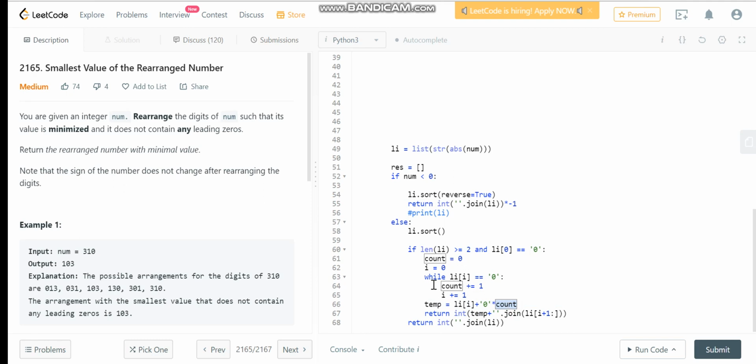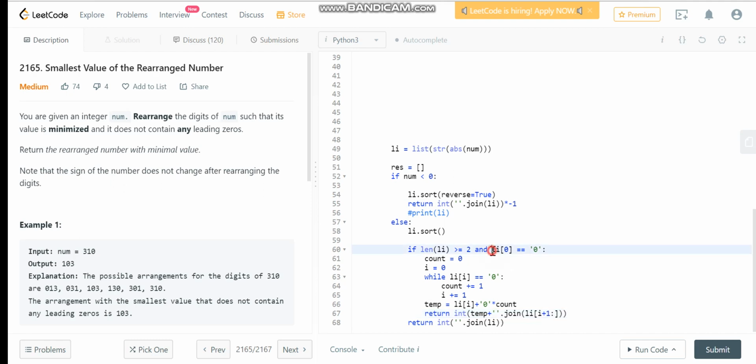We just calculated how many zeros there are in the list, so we do 0 times count, which gives that many zeros, and we return. As I just told, in that example, that means 5 plus the 3 zeros plus the whole rest of the list. So this i plus 1 refers to the rest of the numbers present in the list, and now I'm returning that.